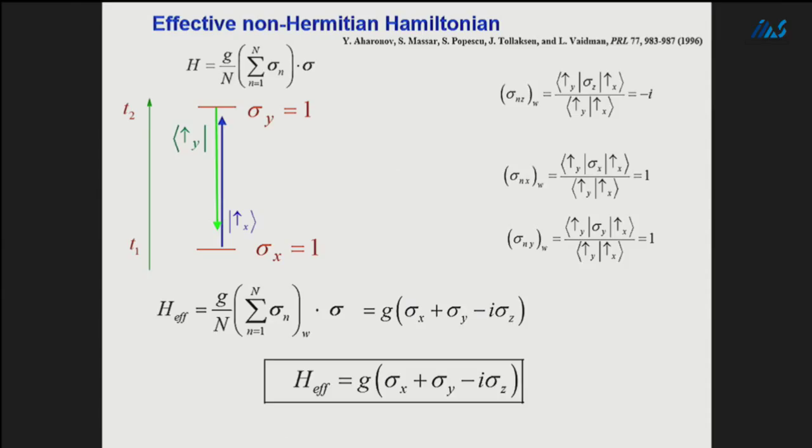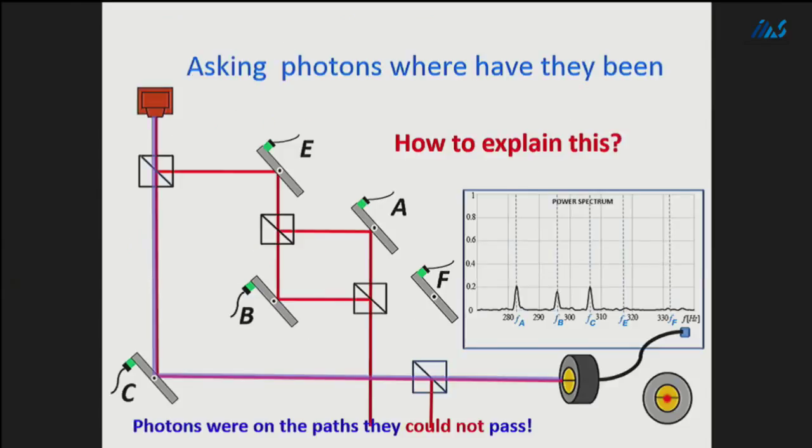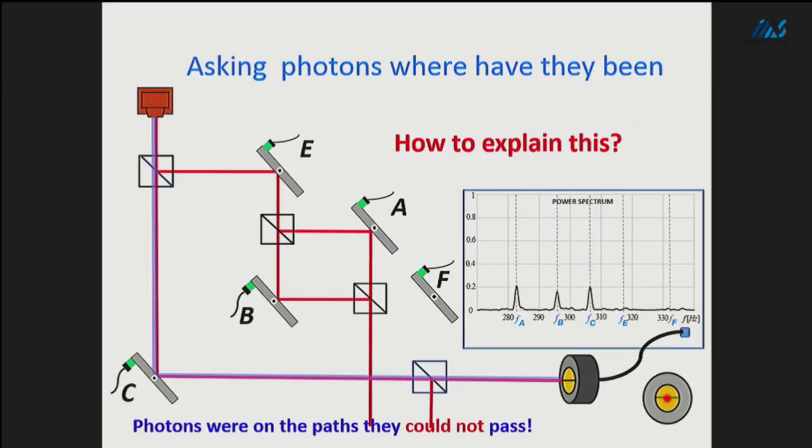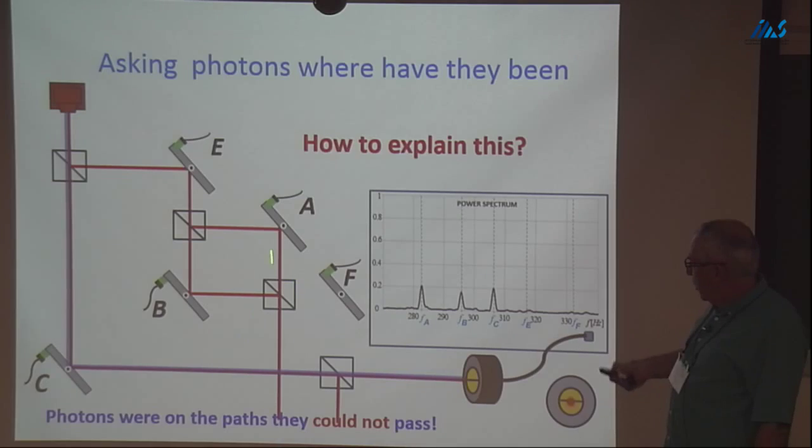I want to come back to the two-state vector formalism resolution of my experiment which I presented before. We had this strange phenomenon. You remember, this photon was not supposed to come here.